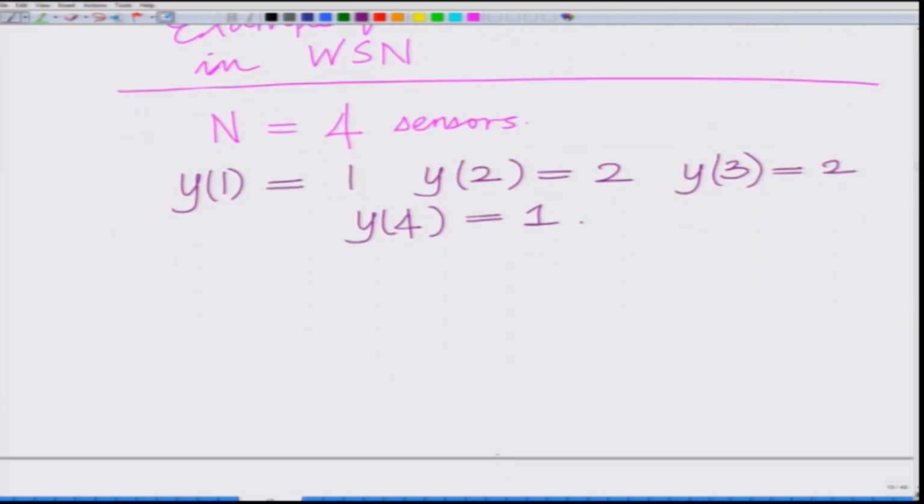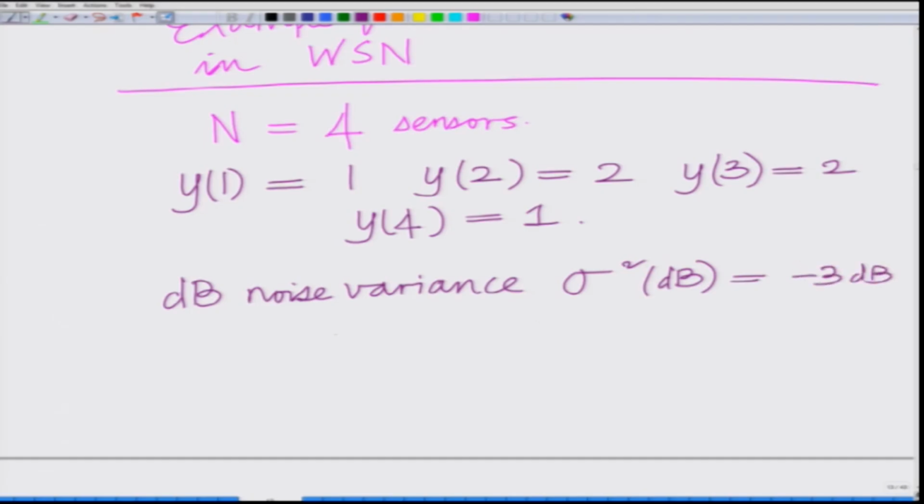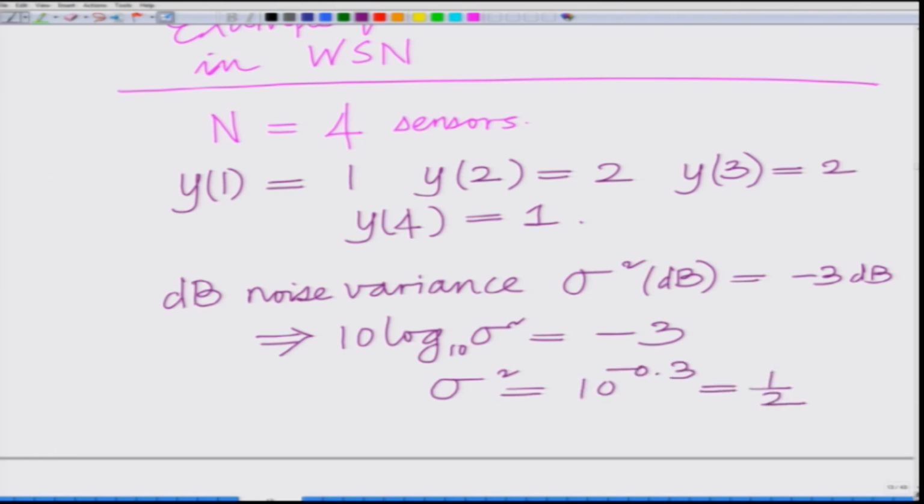Then the ML estimate, and also let us say the noise variance, that is sigma square, let us say the dB noise variance sigma square in dB equals minus 3 dB, which implies that 10 log 10 sigma square equals minus 3, which implies sigma square equals 10 to the power of minus 0.3 equals half.